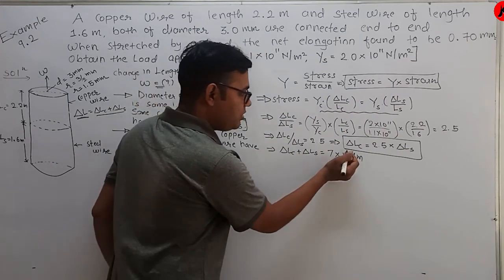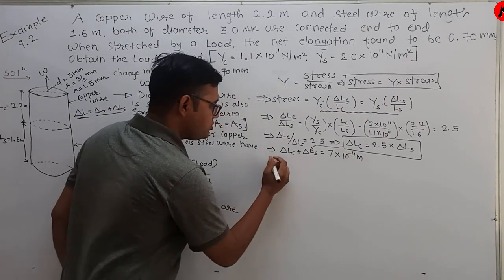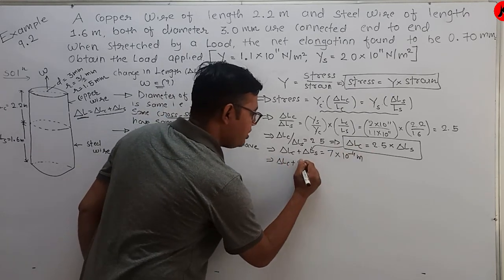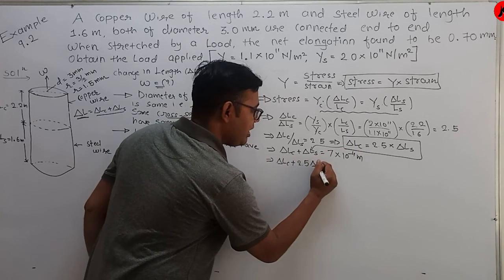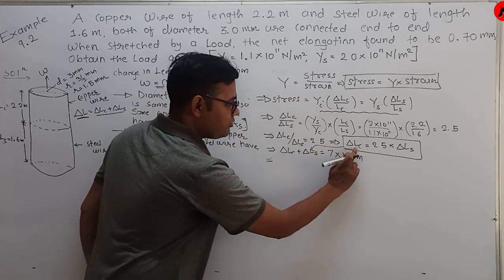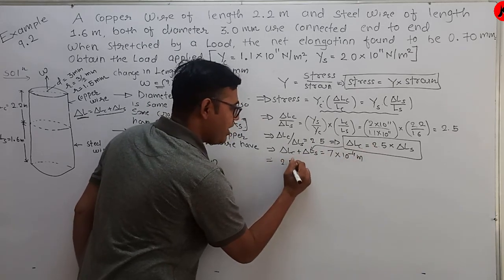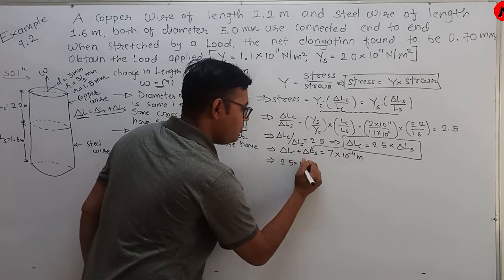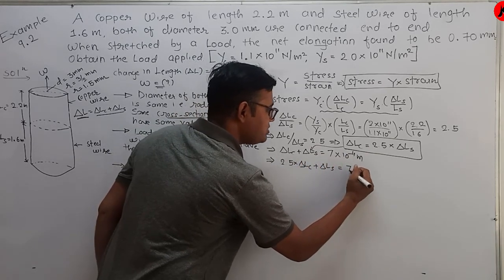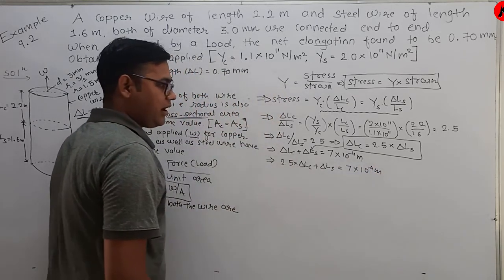So here put the value of delta LS over here, right? Delta LC equals 2.5 into delta LS, plus delta LS, which is equal to 7 into 10 raised to minus 4, right?